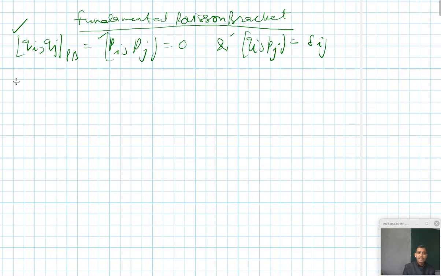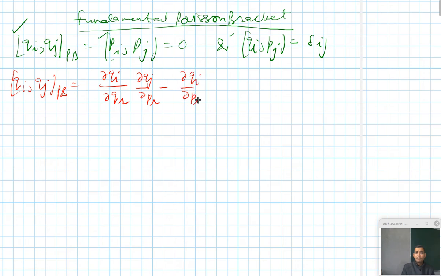So let us consider q_i, q_j, its Poisson bracket, and it can be written as the summation over r of ∂q_i/∂q_r and ∂q_j/∂p_r minus ∂q_i/∂p_r and ∂q_j/∂q_r.